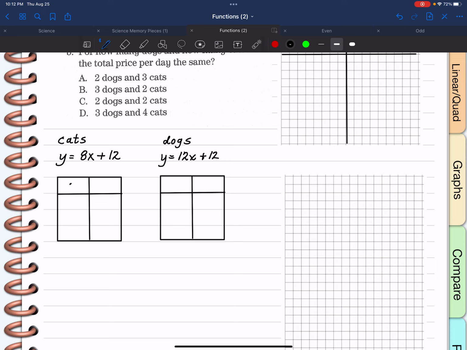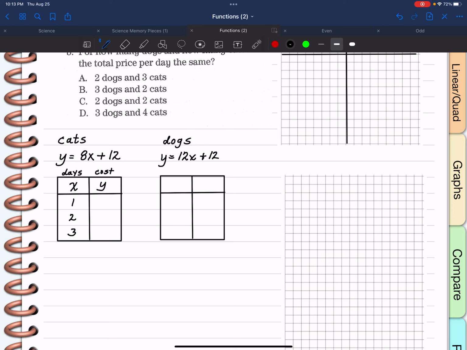So I'm going to say this is the x column, this is the y column, and I'm going to use 1 day, 2 days, and 3 days. So this is also my independent variable. I decide how many days I want to board the animals, and then the y at the output will be the cost, the total cost.